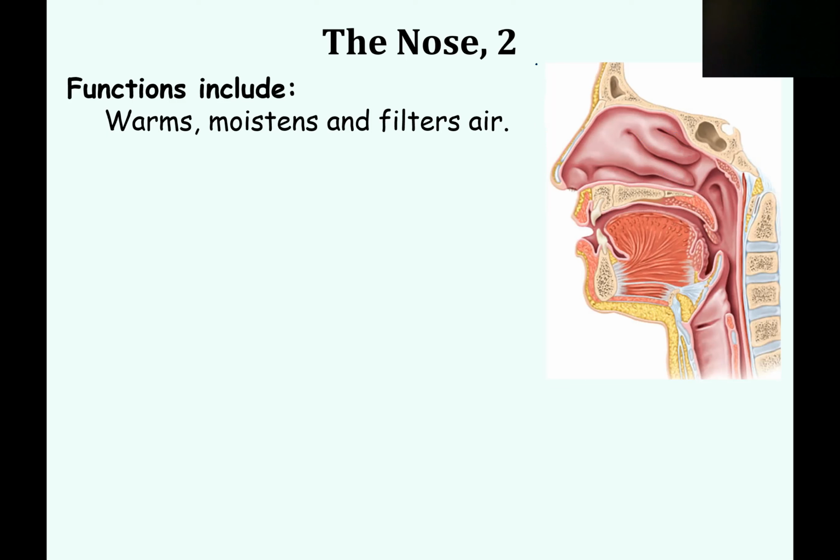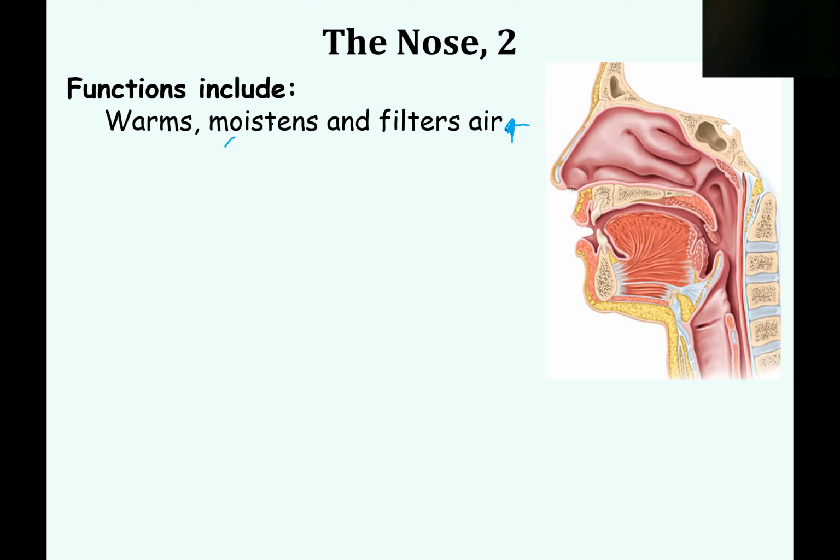Why do we need to do this? Okay, air is a gas. It needs to be at a higher temperature, higher energy state. So the outside air could be less than the 98 degrees Fahrenheit inside our body. So we have to warm it up to maintain that gaseous state because we don't want it to liquefy.